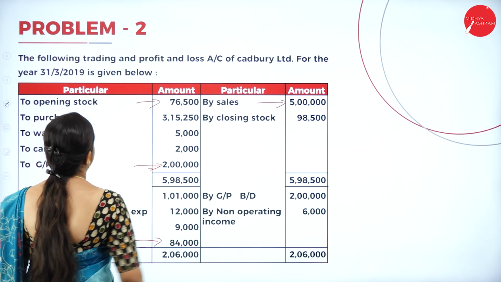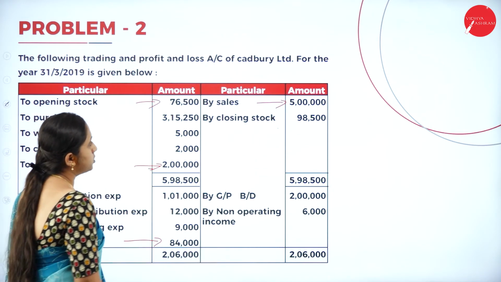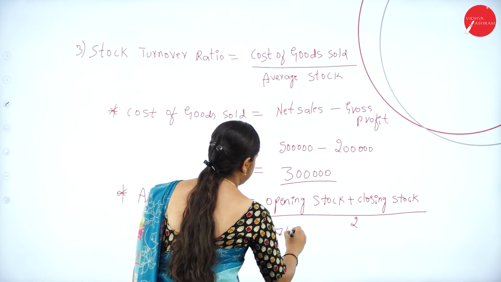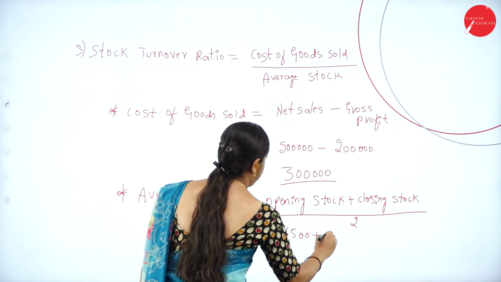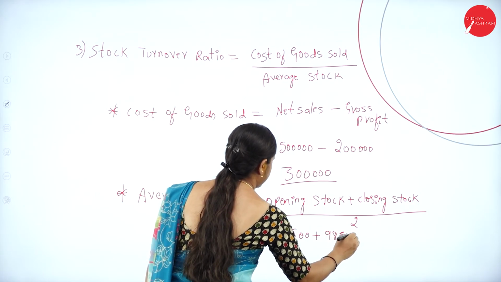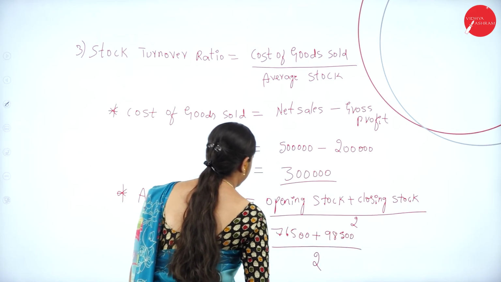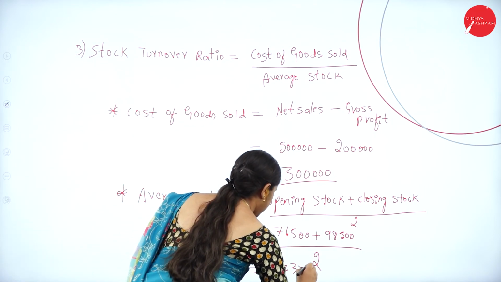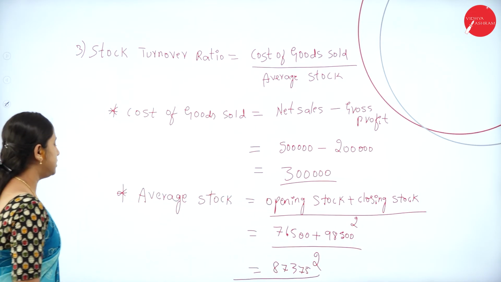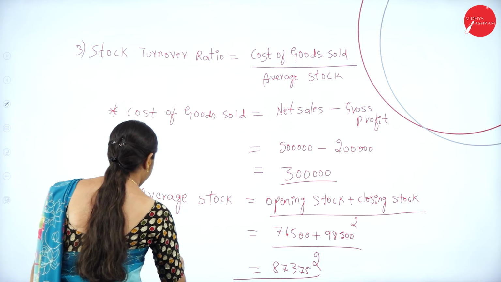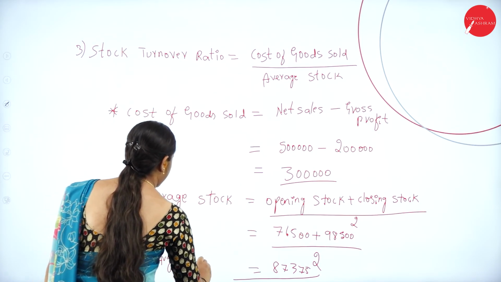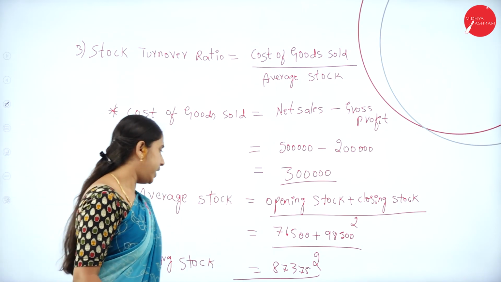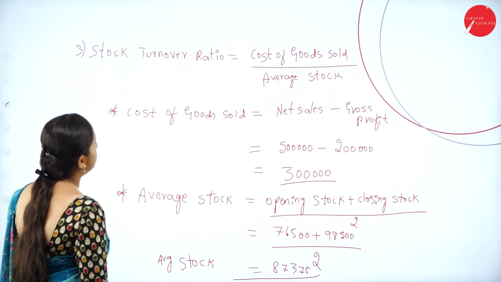Opening stock is 76,500 and closing stock is 98,500. 76,500 plus 98,500 divided by 2. The average stock is equals to 87,375.